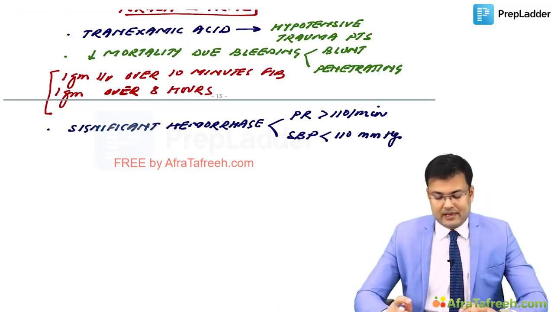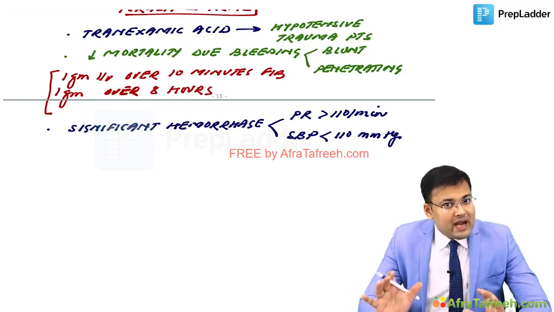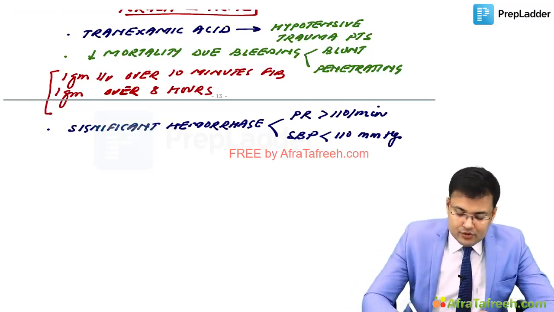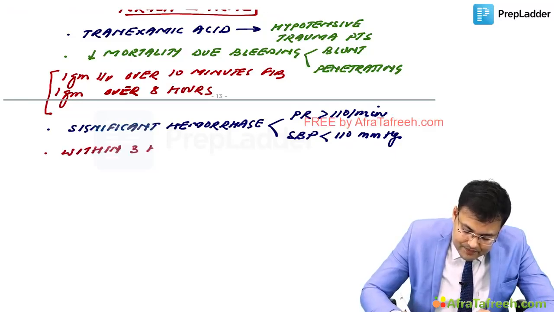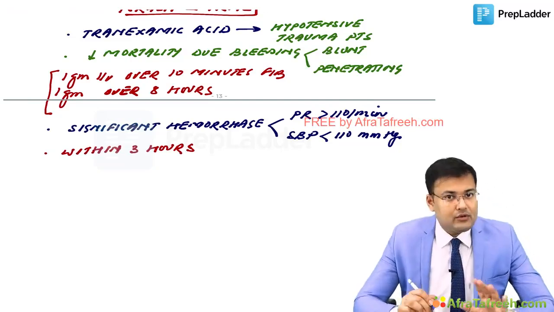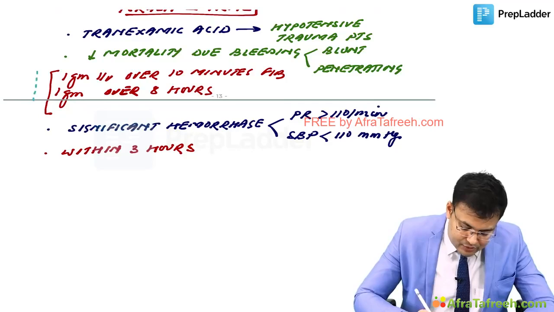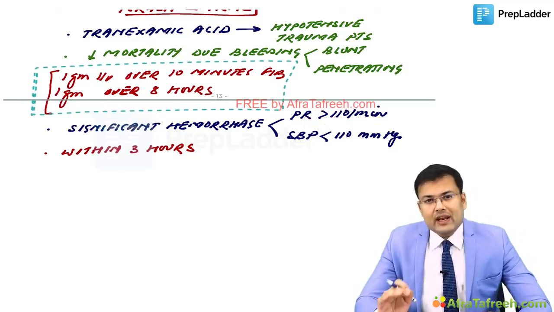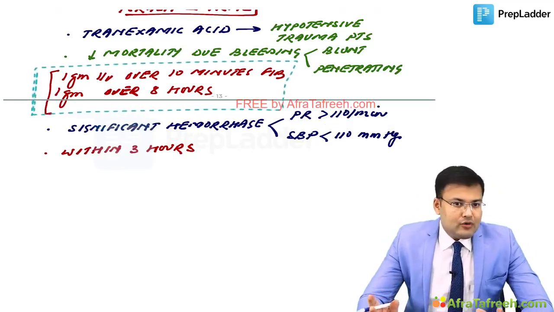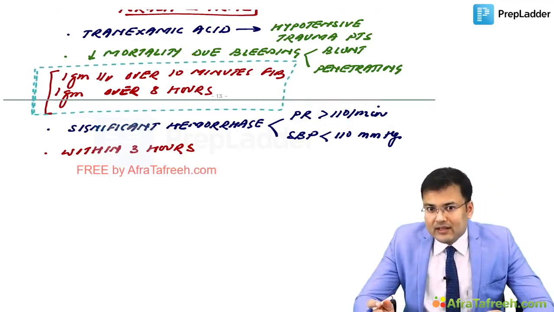And within how many hours should this tranexamic acid be given? It should be administered within 3 hours of trauma. Now see the potential questions. The first potential question is: what's the dose? 1 gram IV over 10 minutes followed by 1 gram over 8 hours.